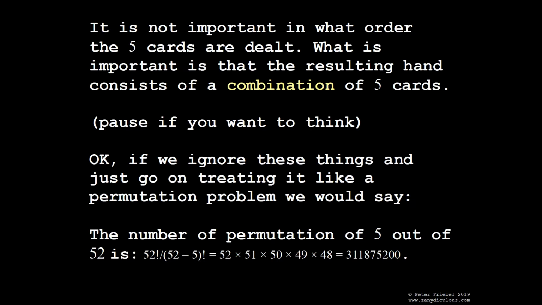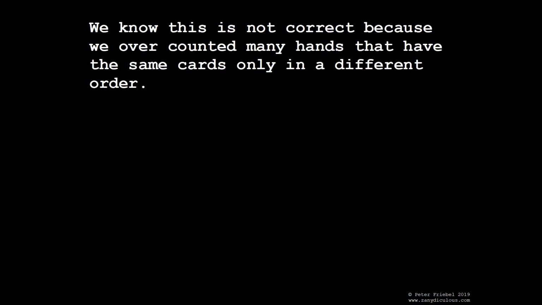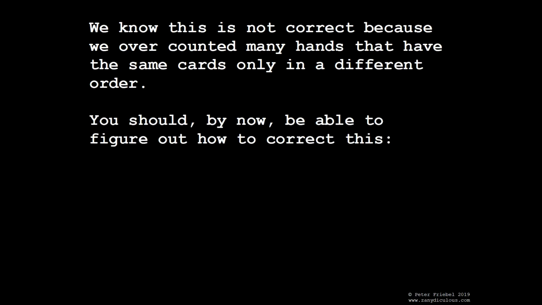And that's another big number, which is 311,875,200. We know this is not correct because we overcounted many hands that have the same cards, only in a different order. You should by now be able to figure out how to correct this.